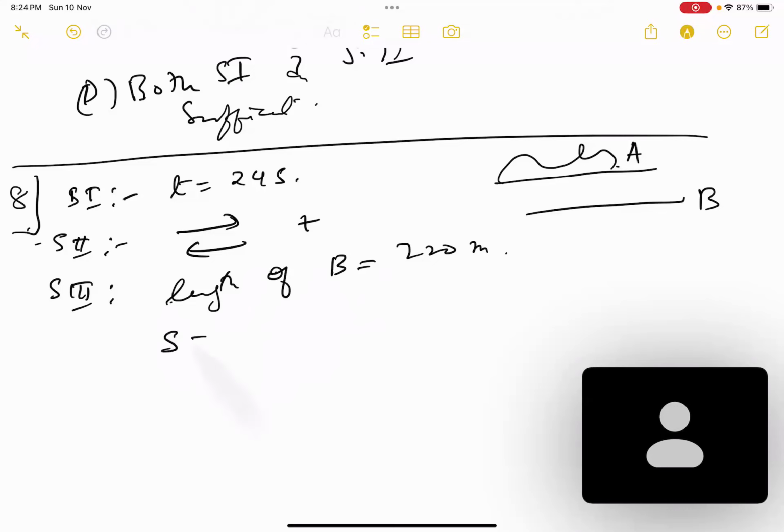We know that speed is equal to distance by time.